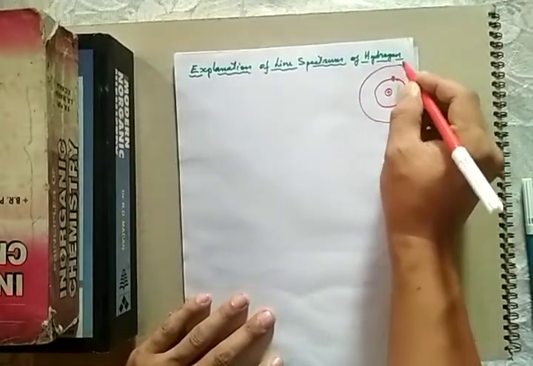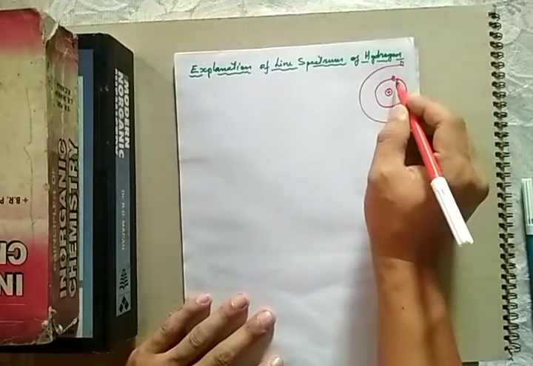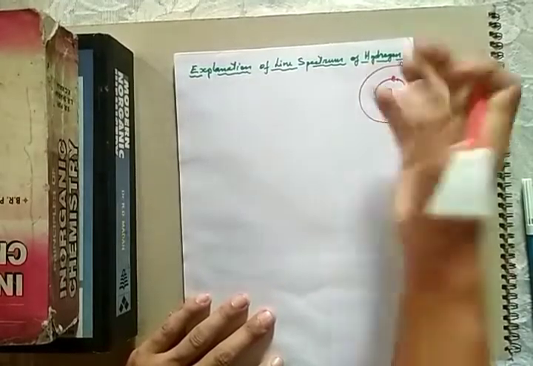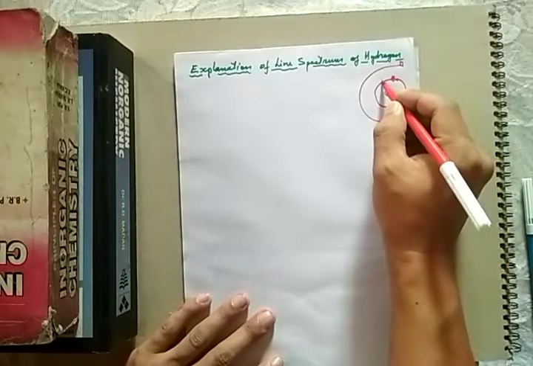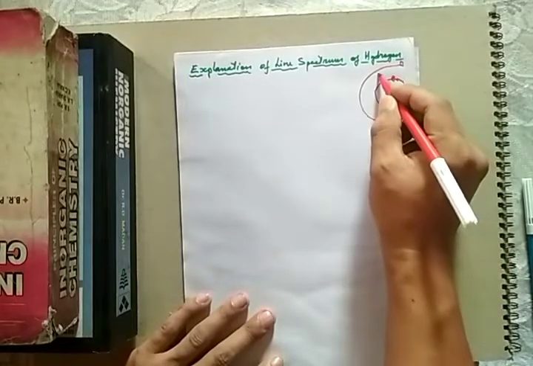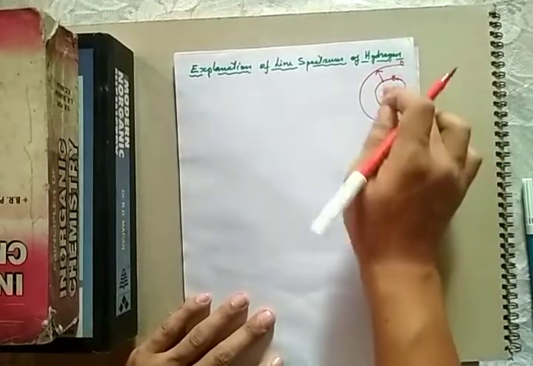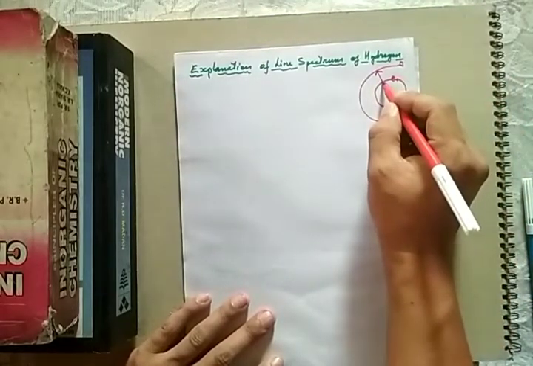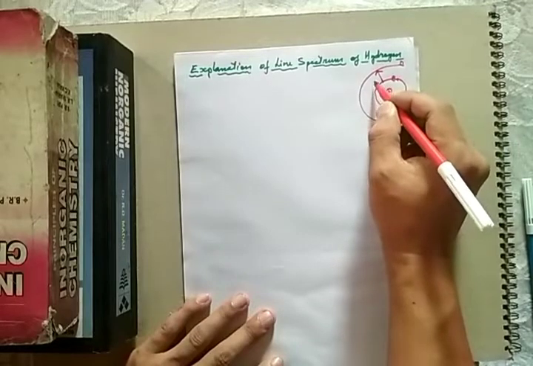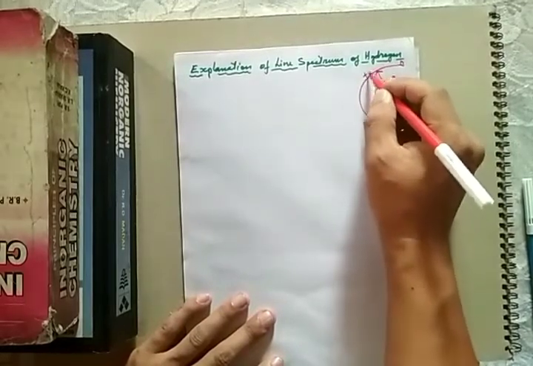Suppose an electron after absorbing radiation moves from the ground state to a higher state. We call it a transition, from the initial state to the final state.